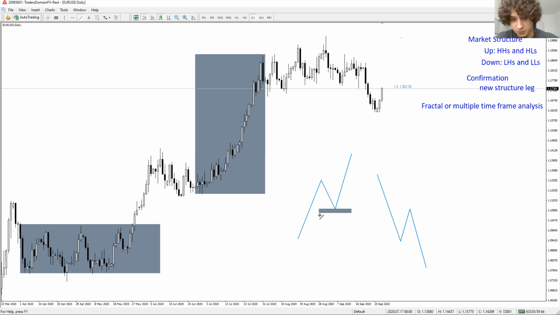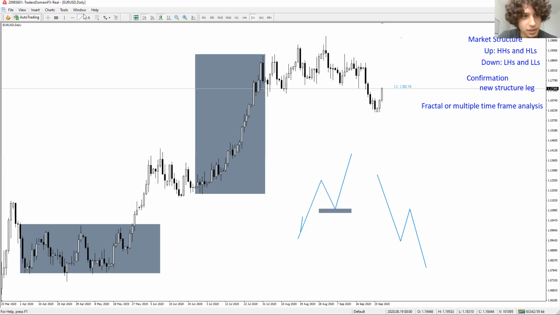So, back to this little tangent. This is our new structure leg, right? Price makes a high, higher low, and a high. Say this is your daily time frame, up here. In the lower time frames, there are going to be more sporadic movements.